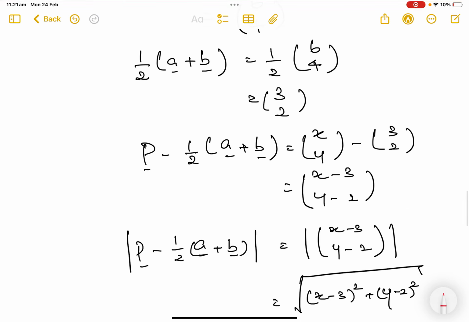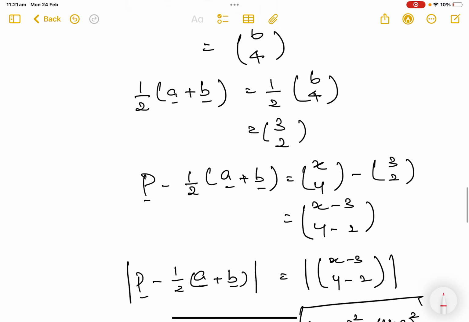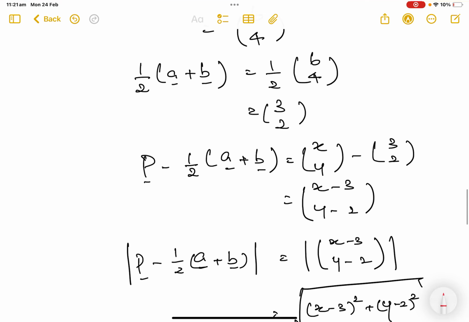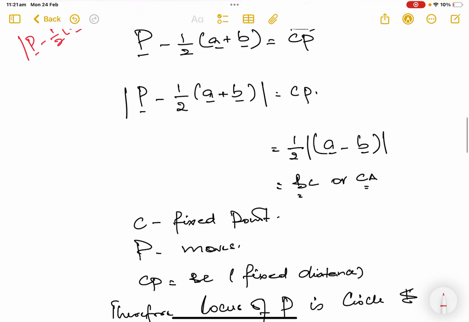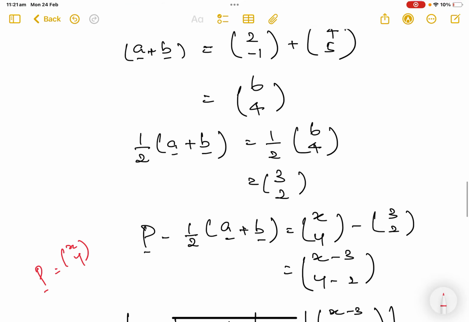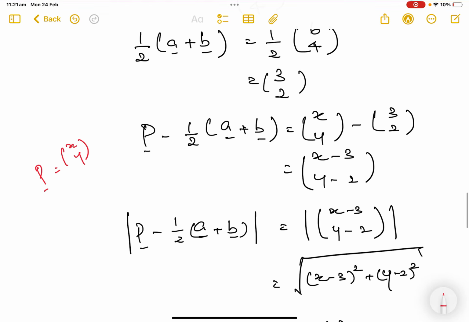Now we go back to P minus half A plus B. We know the position vector P is the column vector x, y. So instead of P, I put x, y minus half A plus B, which we already proved is 3, 2.